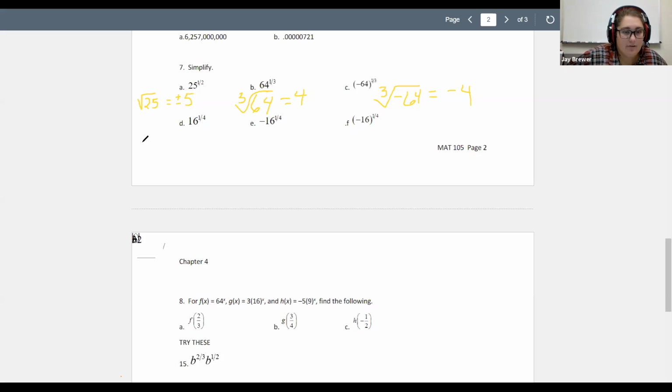These get very, very tricky, so definitely pay attention. D is going to be the 4th root of 16, which is 2. Now the next two, look at the positioning, okay? There is a parenthesis set in the last problem. There is not a parenthesis in E, which means we can do a negative on the outside and just basically redo the problem we just did.